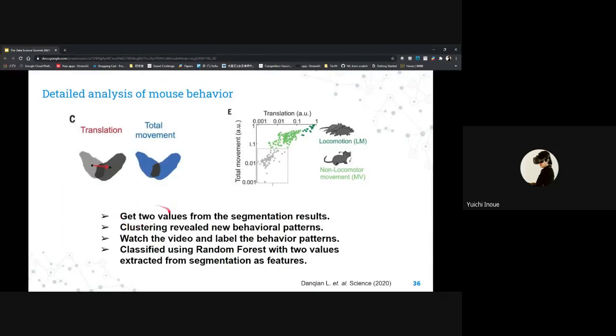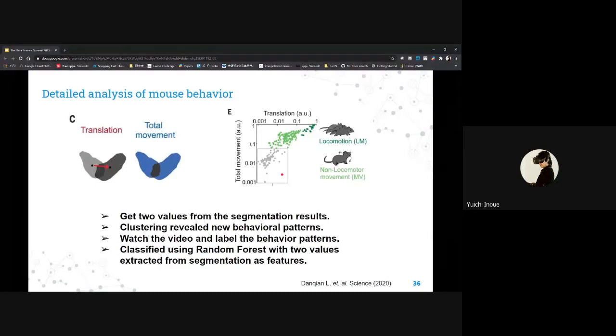Based on the result of the segmentation, the authors defined two values, translation and total movement. By using these values and clustering them, they found three new patterns of behavior: locomotor activity, non-locomotor activity, and rest.